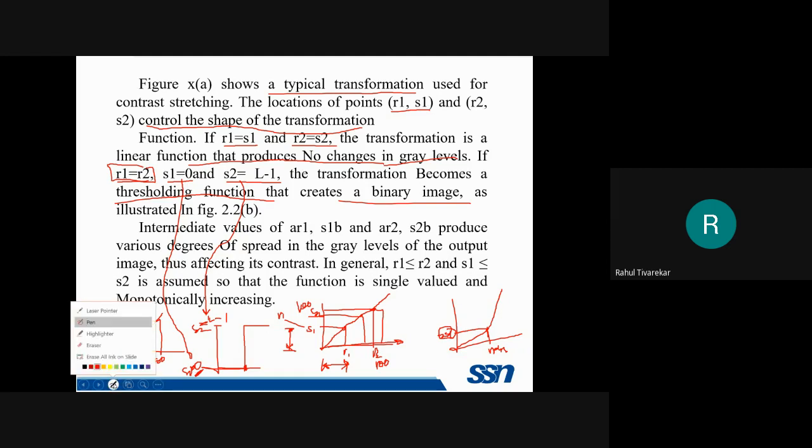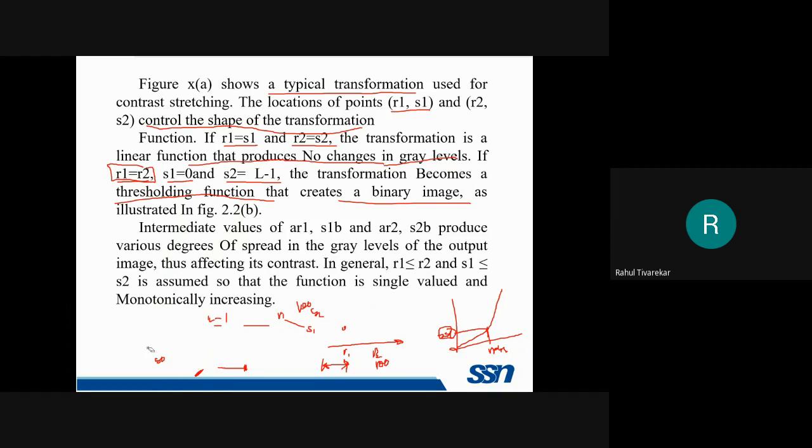So now let's discuss what happened in the resulting image when I perform the contrast stretching. So intermediate values between R1 and S1 and R2 and S2 will produce the various degrees of spread in the gray levels of the output, and hence it affects the contrast.